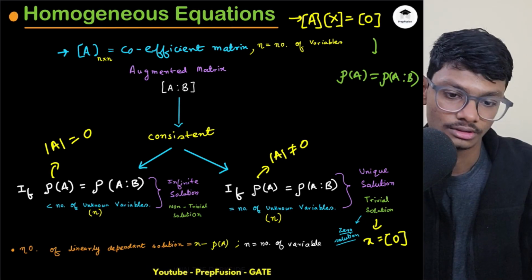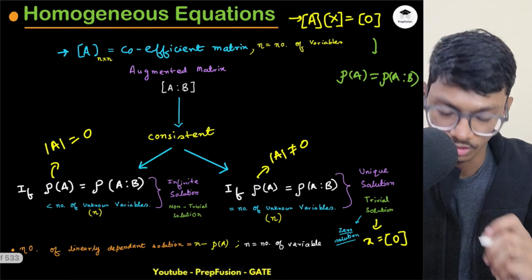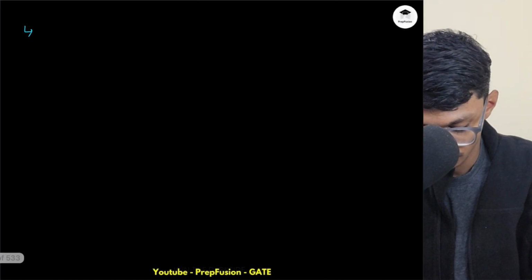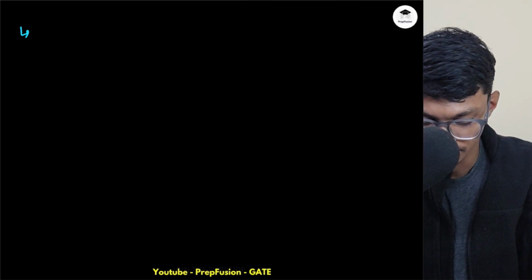Okay, so now, what is the main important point to note here? It will always be consistent. So I will write: a homogeneous equation will always be consistent.